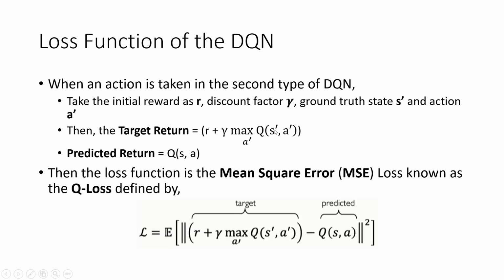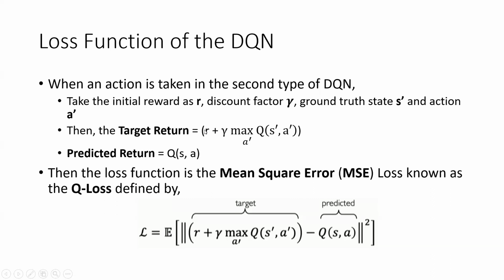That means in this particular S dash state, when you have taken the A dash action, you might have got the Q value, the maximum Q value, and this maximum Q value should be multiplied with this discounting factor and added to the return that was up to now, right?